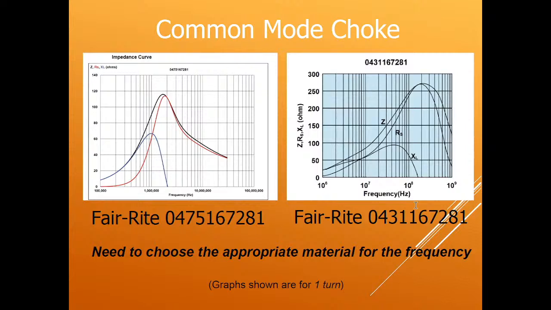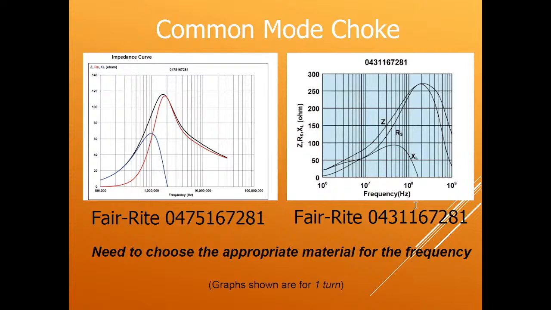So if you go to choose a magnetic material, you'll be able to go on the web and, for example, if we were using material made by the Ferrite company, we could put in a part number and we could get a plot like this of the impedance of that core. And this plot is shown for one turn through that core.